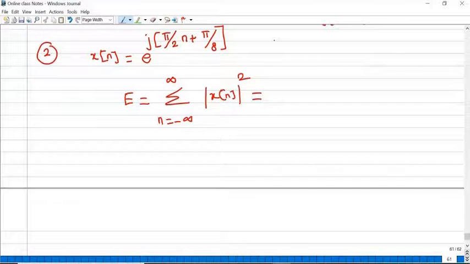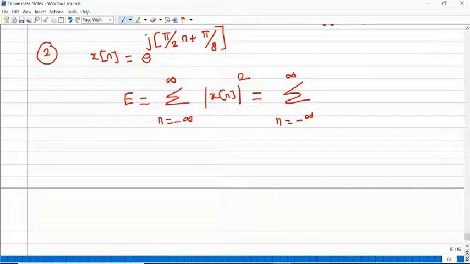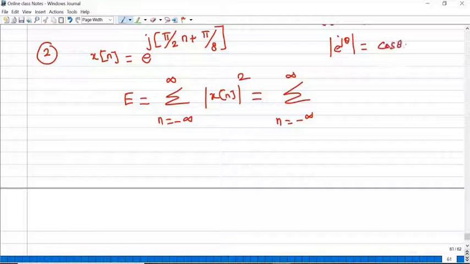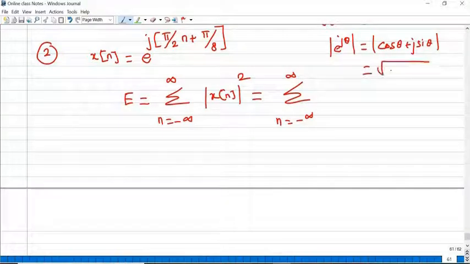For this particular example, no problem. Summation n equal to minus infinite to infinite, modulus x of n square. So what is modulus e power j theta? cos theta plus j sin theta. Modulus, that is root of cos square theta plus sin square theta, value 1.